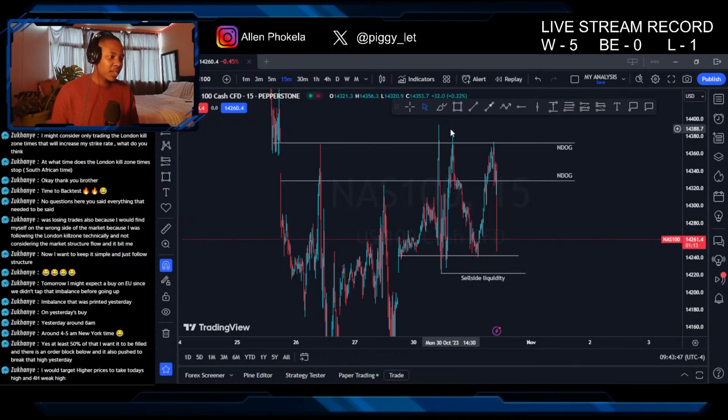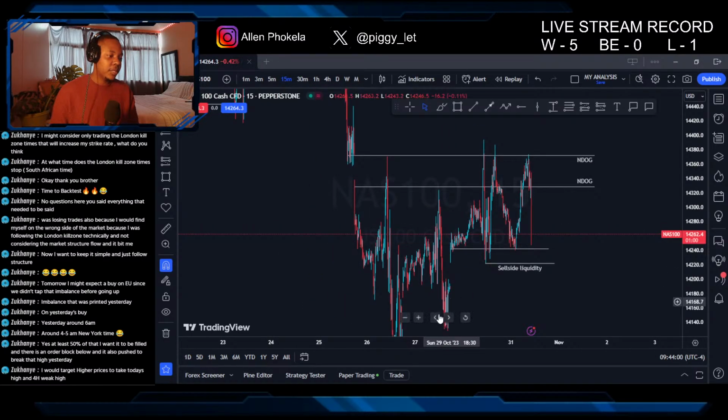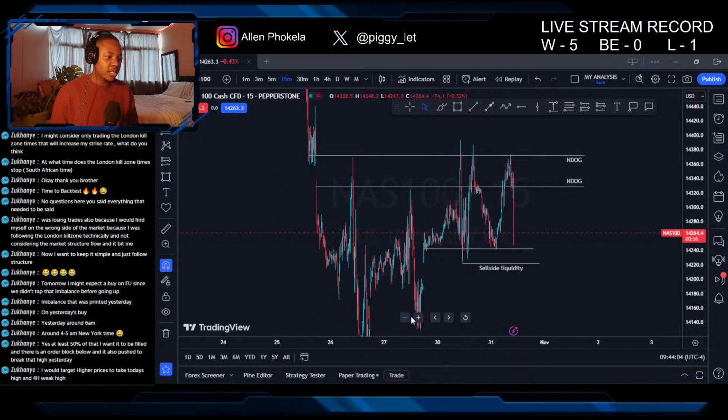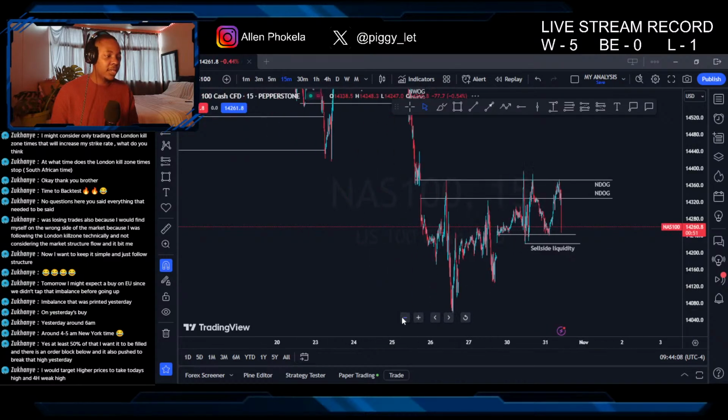So since we haven't taken out that buy side, and we're closer to the sell side, I'm guessing we're just gonna take out the sell side. Hopefully it takes this sell side before we maybe push for higher prices, but it might just reject off of this new day opening gap and keep giving us lower prices, taking our sell side. That might be the case.